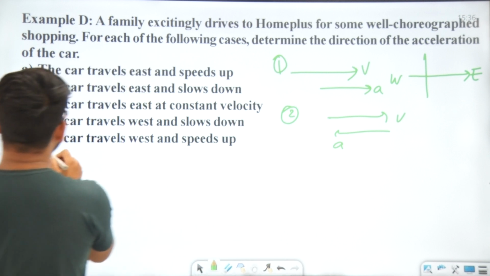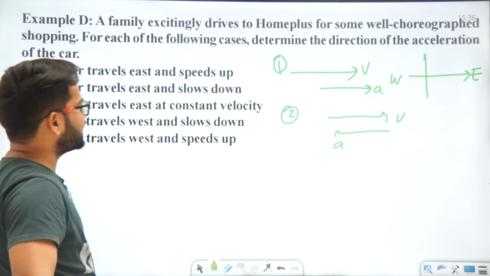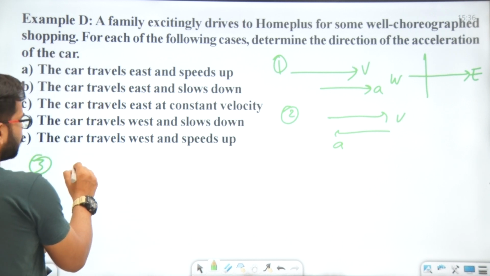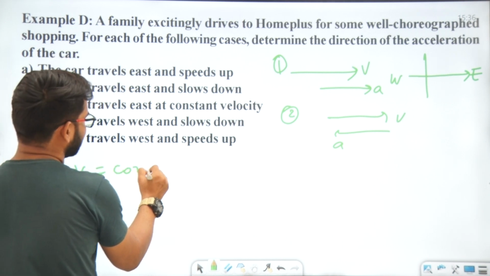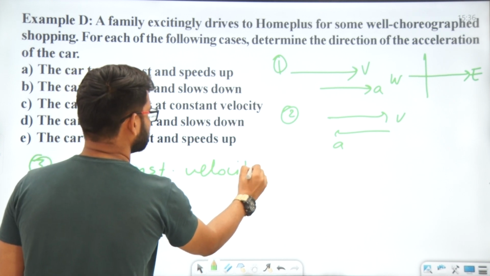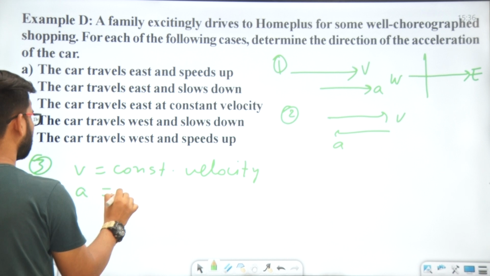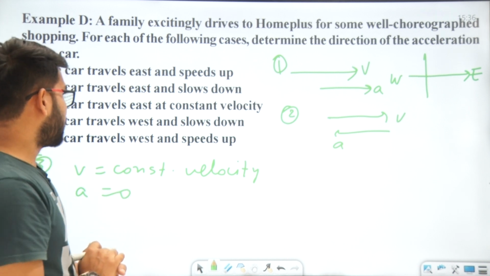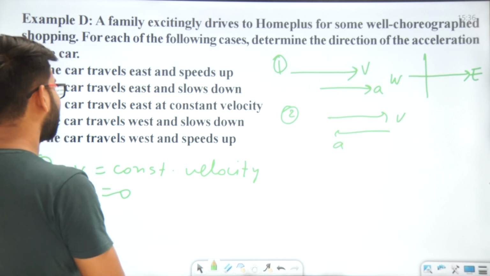Third situation is car travels east at constant velocity. So for constant velocity, acceleration will be 0. Fourth situation is car travels west and slows down.